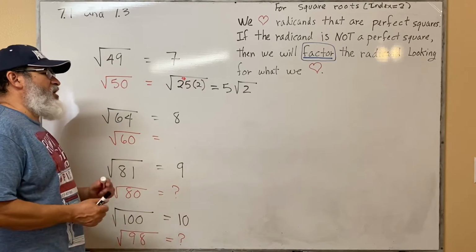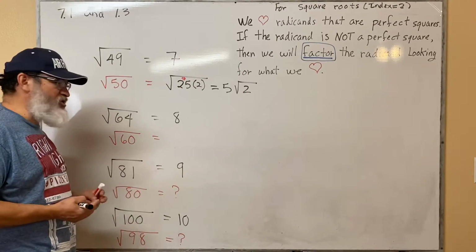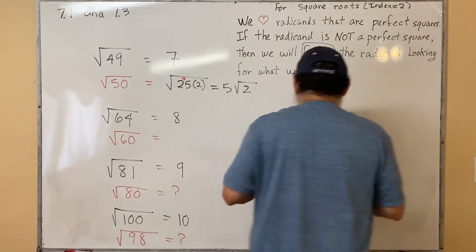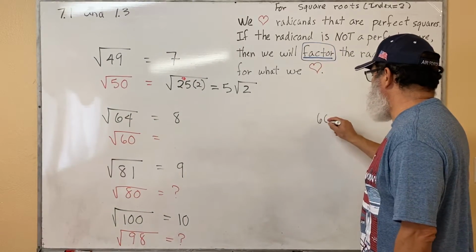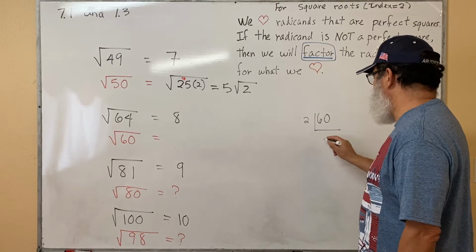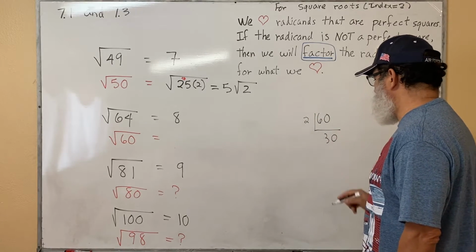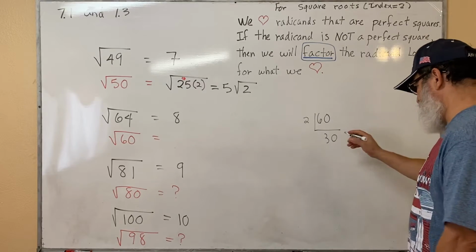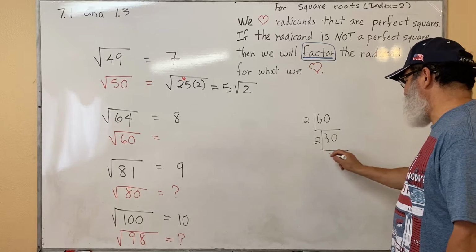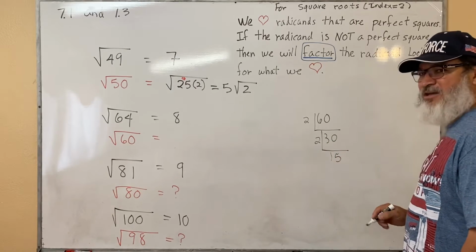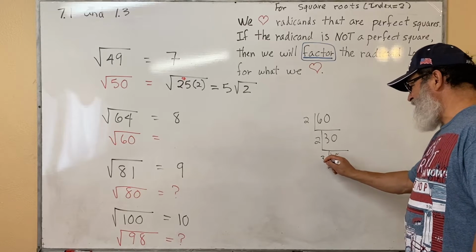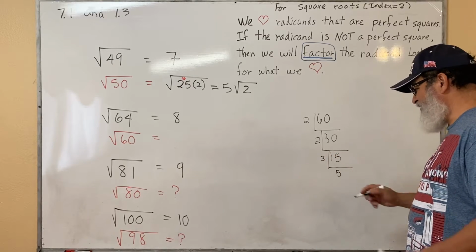Okay, you don't have to do it all in one step, guys. You can just break down 60. Watch this. 60 is 2 times 30. 30 is 2 times 15. 15 is 3 times 5.